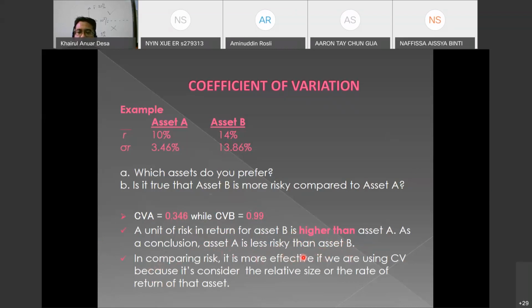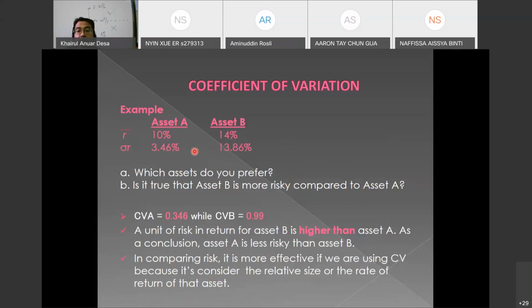In comparing risk, it is more effective if we use CV because it considers the relative size of the rate of return on that asset. Adalah lebih tepat kalau kita menggunakan CV compared to the standard deviation, tetapi boleh digunakan kedua-duanya sekali.